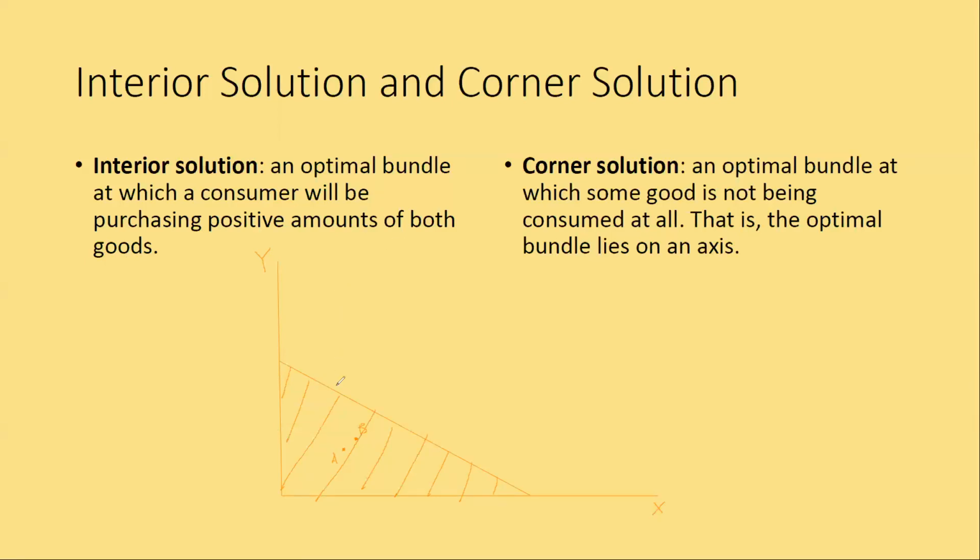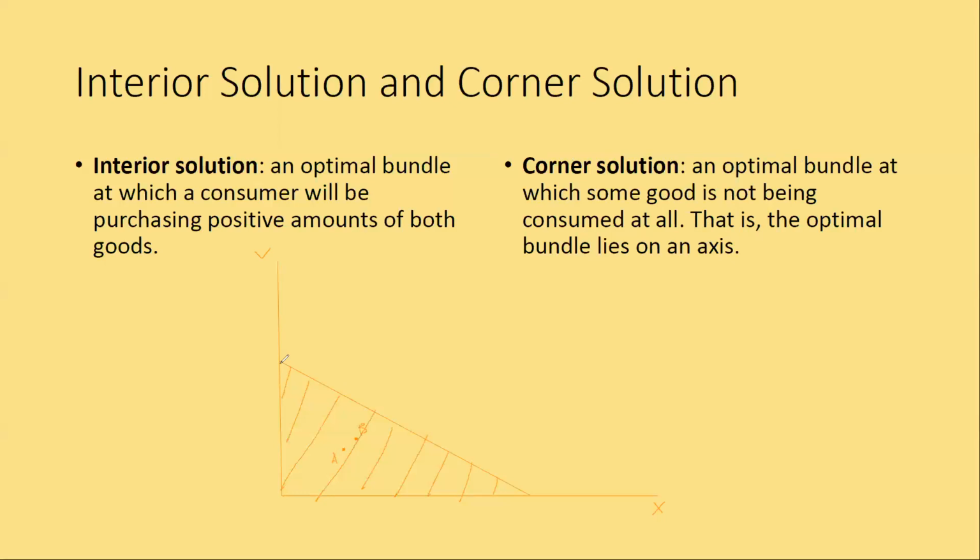So it's harder to mark the interior solution, but I will draw the corner solution here. The corner solution means that it's an optimal bundle at which some of the good is not consumed. So your consumption of good X may be 0, or your consumption of good Y may be 0. So the optimal bundle is going to lie on the axis.